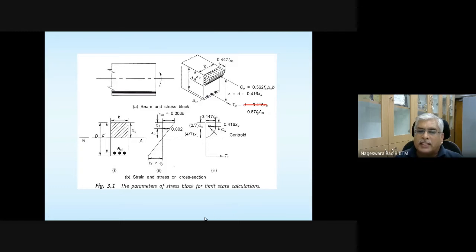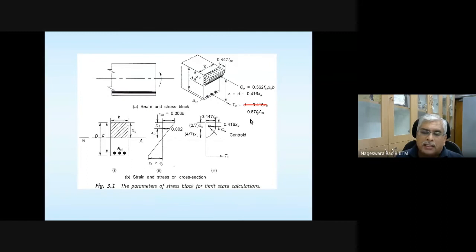If you want the section to be in equilibrium, the resultant compressive force should be equal to the resultant tensile force.